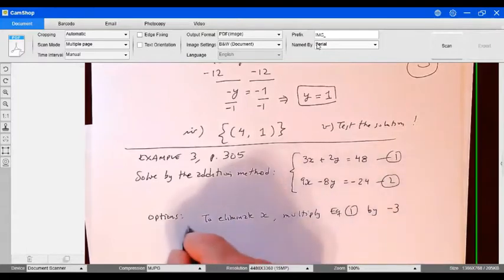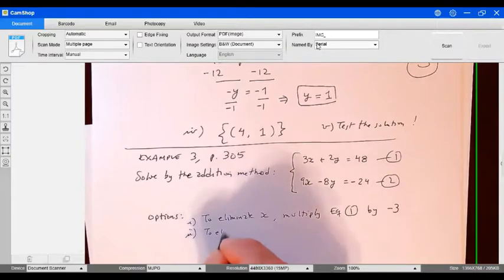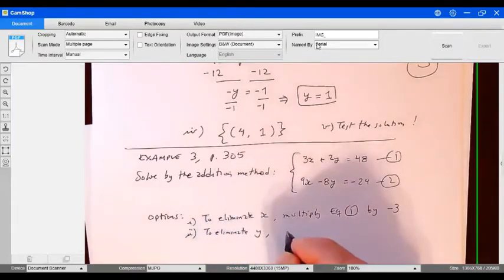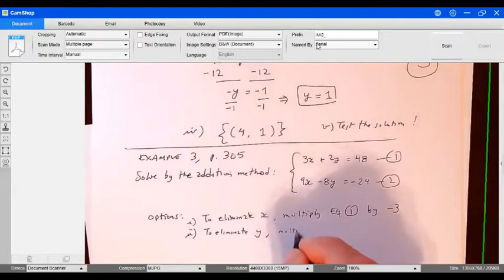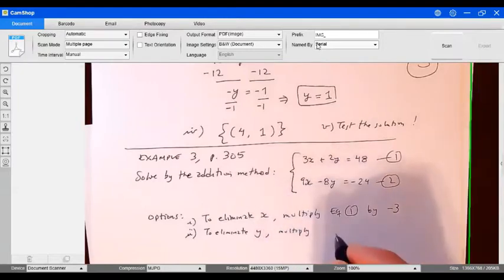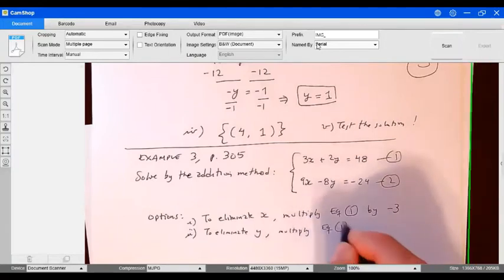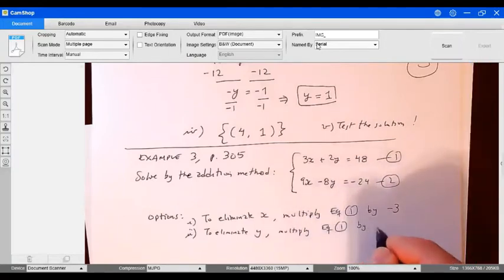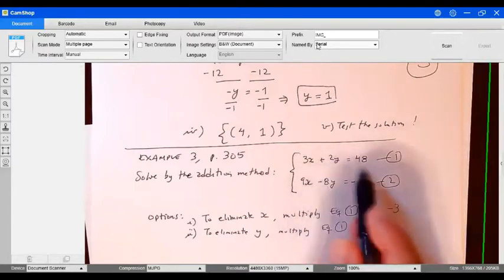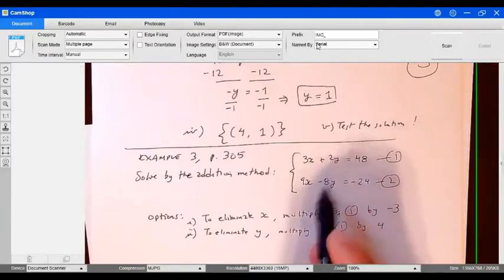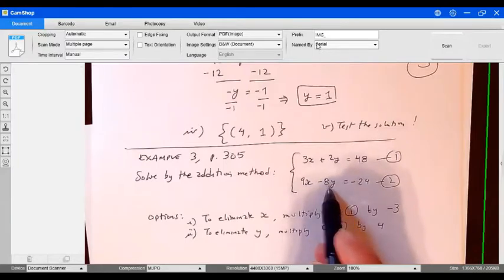Or the other option is to eliminate y. We're going to multiply also the first equation, but this time by 4. Because if you multiply this equation by 4, you're going to get 8y, and you have already negative 8y, so they are opposite.